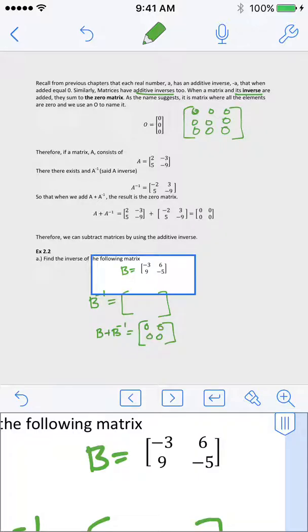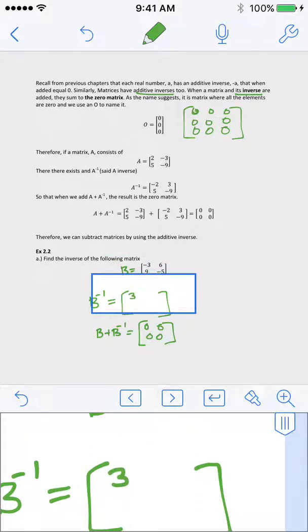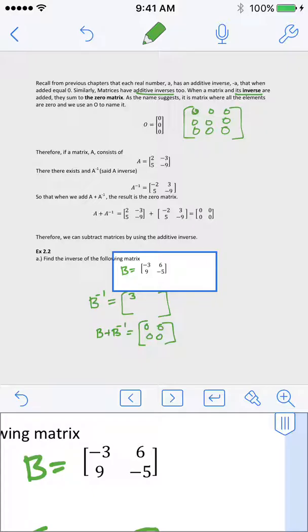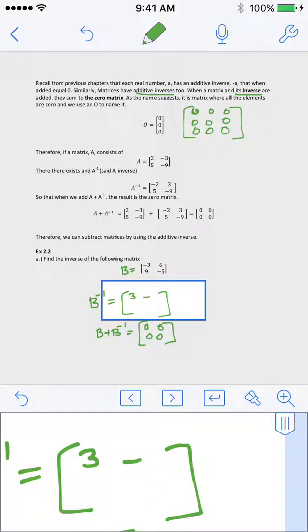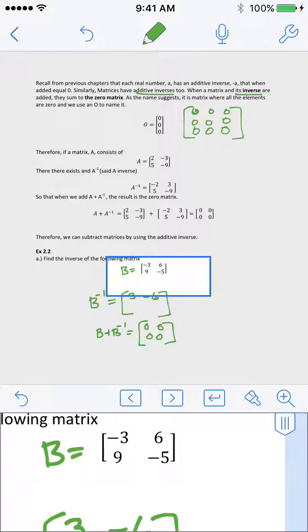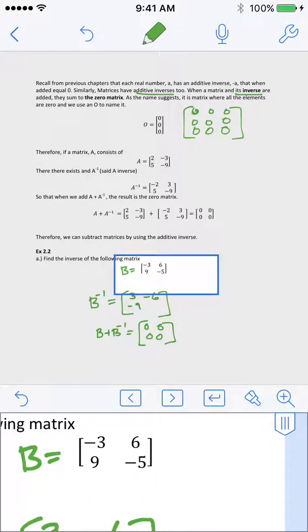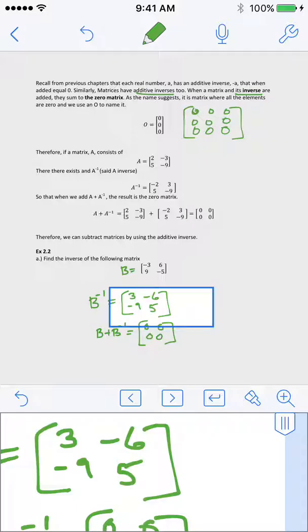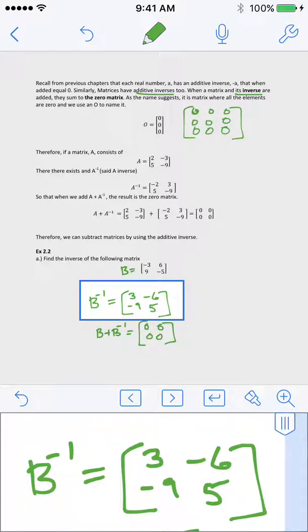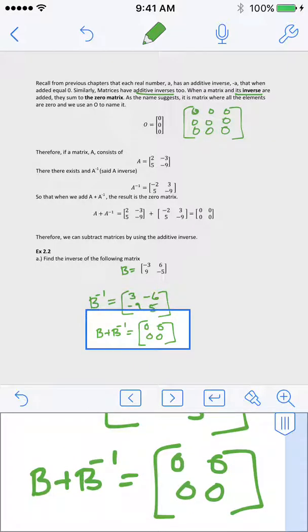It needs to be a 3. What do I need to add to 6 to get to 0? I need to add a -6. What do I need to add to 9 to get to 0? I need to add a -9. And what do I need to add to -5? I need to add a +5. And so there is our matrix inverse. You just switch the sign on each of them so that when they add together, they give you that 0 matrix.